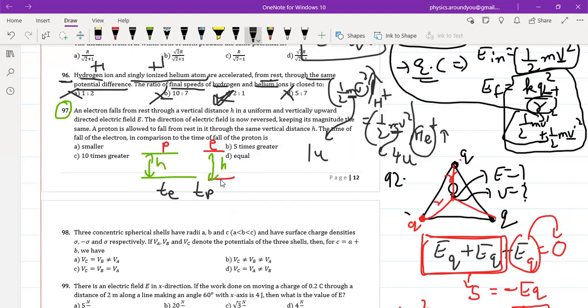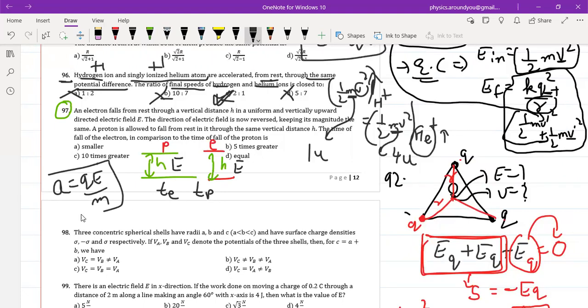Here both of them are subjected to the same field. So what is the link? From the knowledge of the fields, I need to get something which will help me in getting times. The only thing that can help me is acceleration. We know that acceleration is QE by M. Both electron and proton have the same charge, and both are kept in the same field.